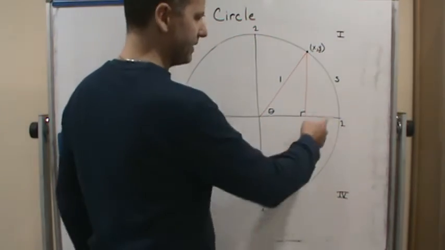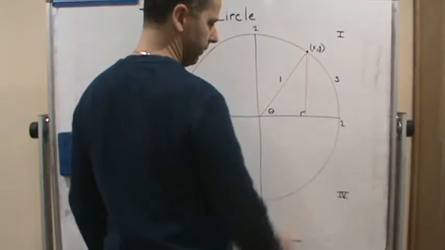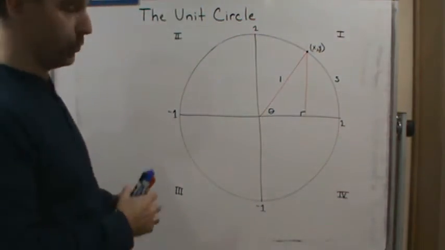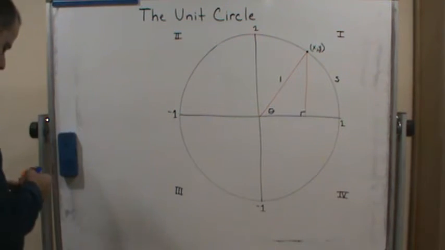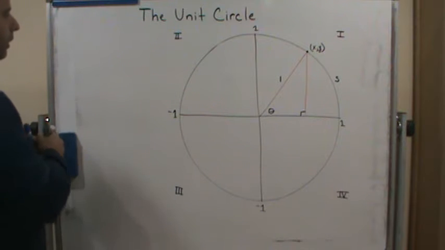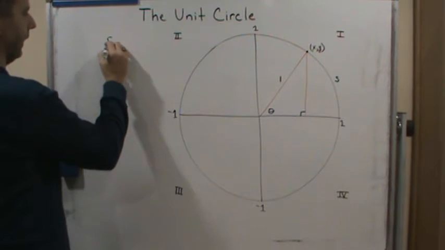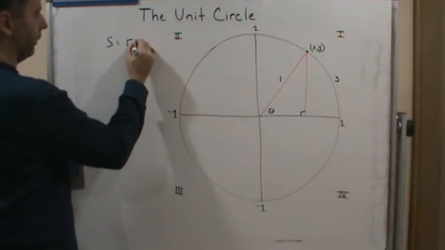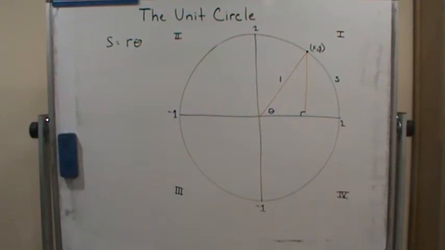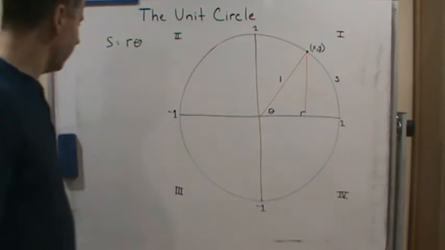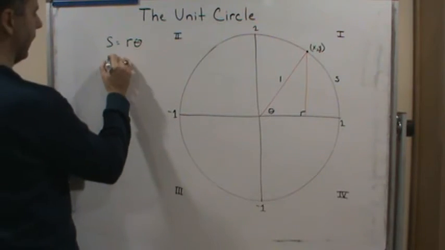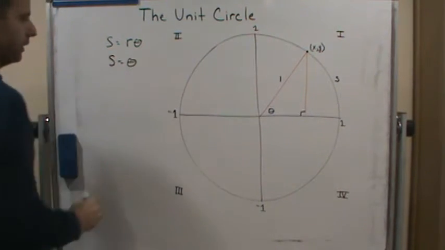Now this S represents the arc length. Okay, now the cool thing about using a unit circle is that if you remember, the formula for arc length was S equals r theta. But in this case here, since r is equal to 1, we get S is equal to theta.